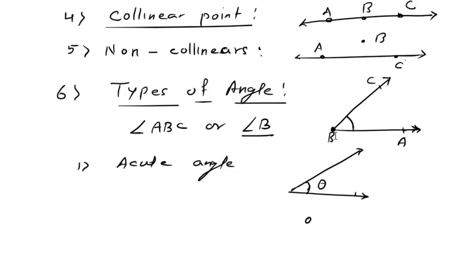Generally we denote an angle with a symbol like theta or phi, as in algebra we use x, y. This is an unknown angle, its value could be anything. When this angle is greater than 0 and less than 90 degrees, we call it an acute angle. So here angle ABC is an acute angle.